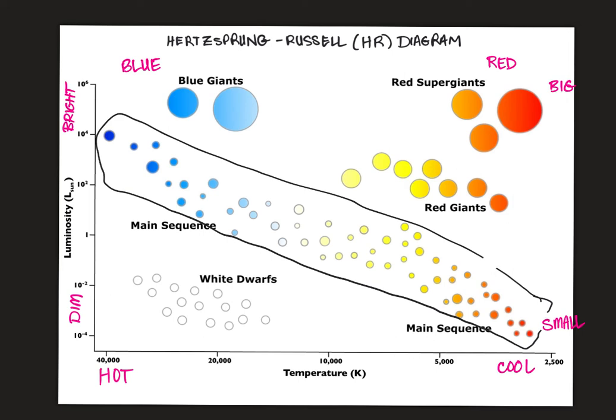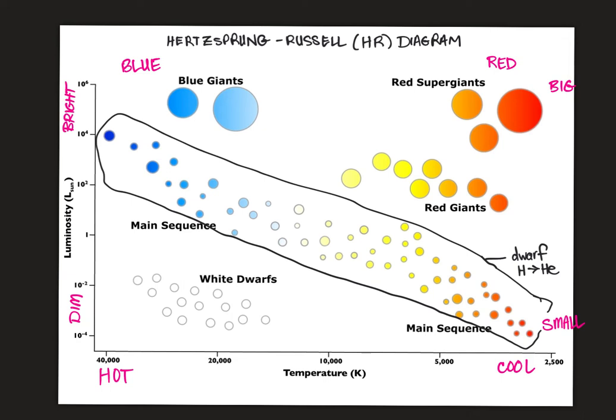The most important thing here is that we have stars here, and most of them are going to be dwarf stars. And these stars are fusing hydrogen to helium in the main sequence part of their life.